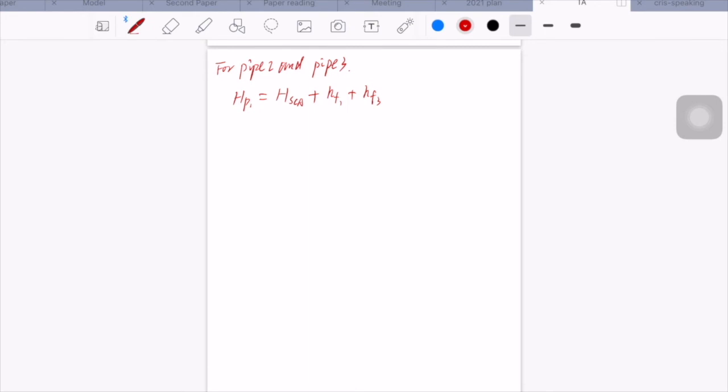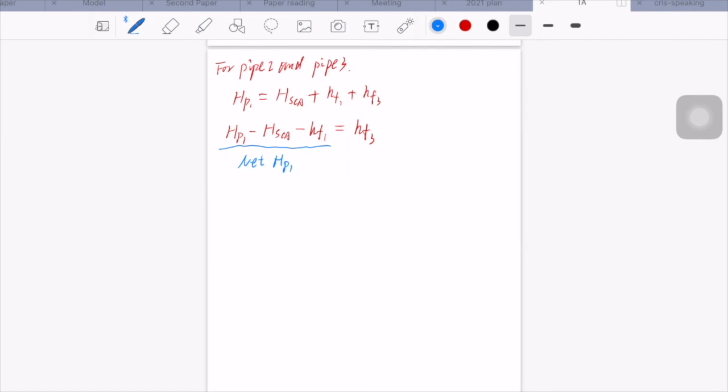We rearrange this equation and we get that HP1 minus HSCA minus HF1 equals HF3. So this is the net HP1.